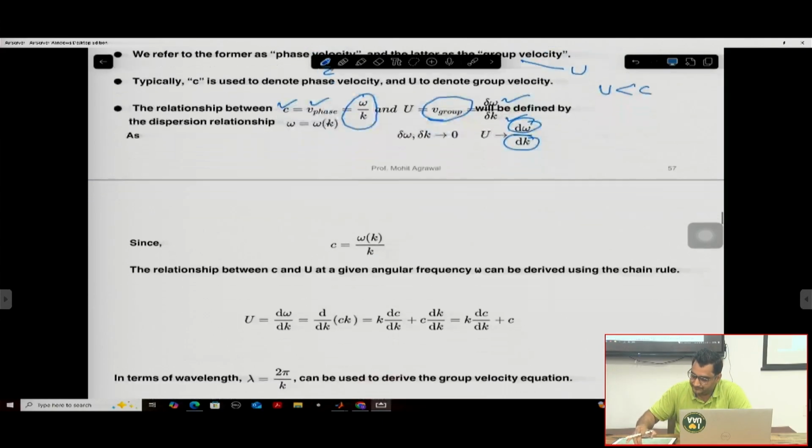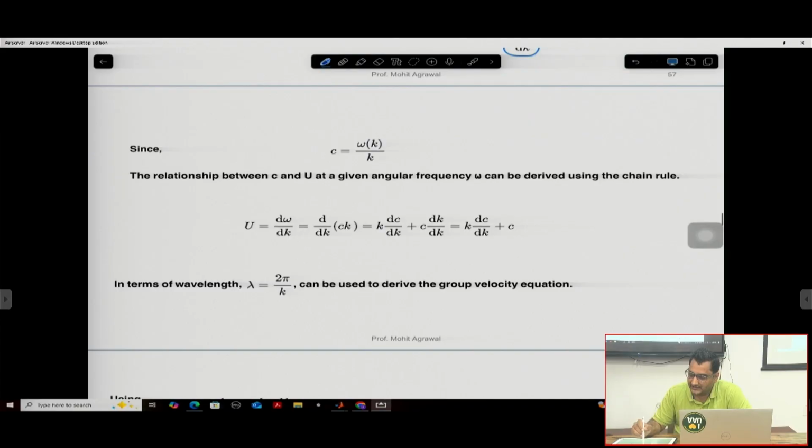Now we also know that the phase velocity is omega by k, omega as a function of wave number. So if we want to develop the relationship between phase velocity and group velocity, we can use the formula u is equal to d omega by dk.